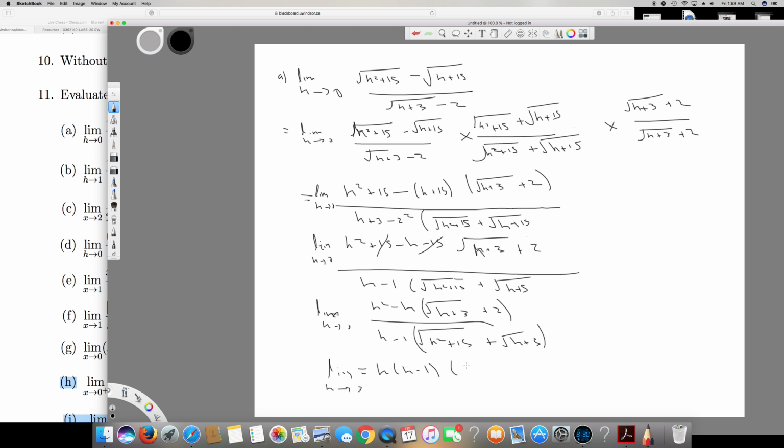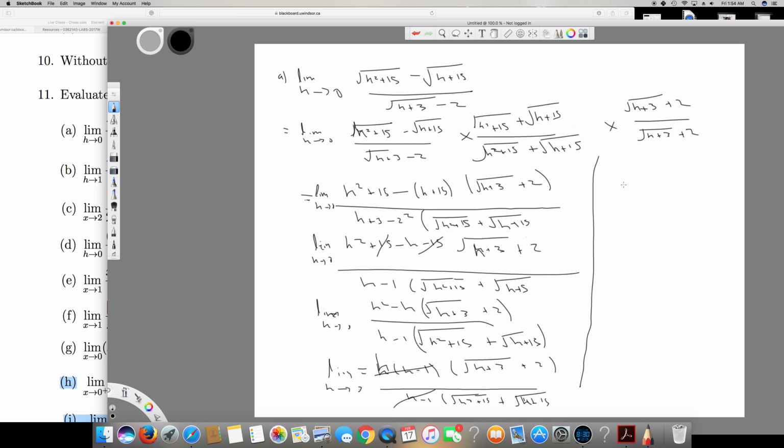So here we go. So h times h minus 1, this is going to be square root of h plus 3 plus 2 over h minus 1 square root of h square plus 15 plus square root of h plus 15. So since we have this one here, we can cancel h minus 1, h minus 1, the h is remaining there.